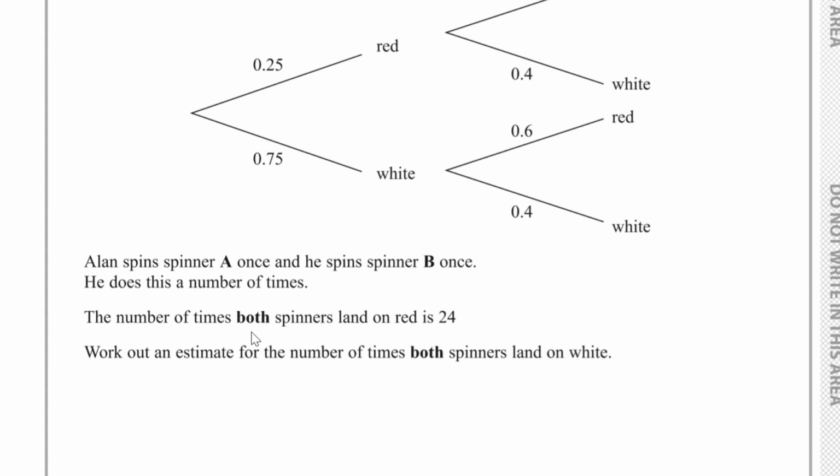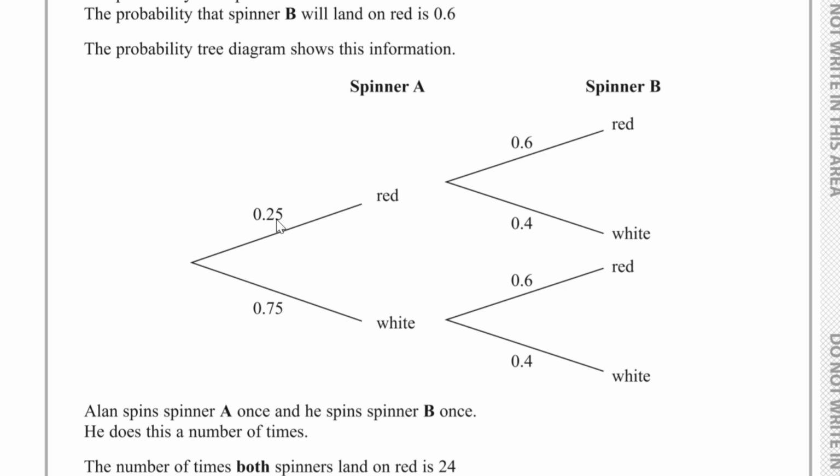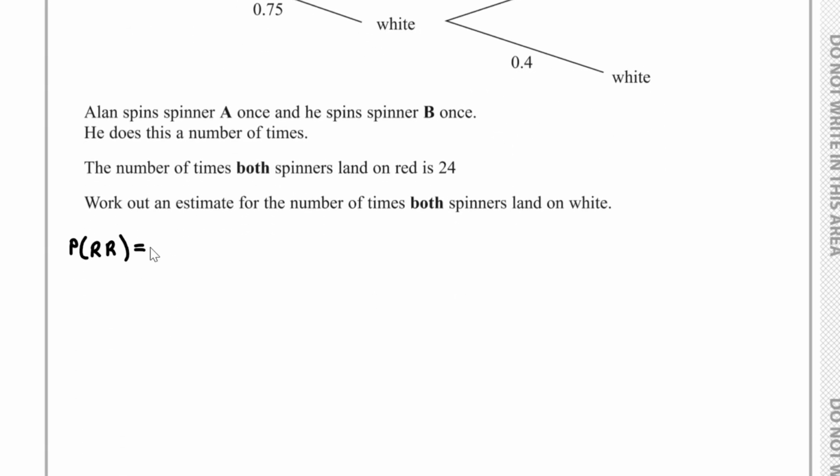Well, if we find the probability of two reds, we have here 0.25 times by 0.6, so let's work that out. 0.25 times by 0.6, it turns out here we get 0.15.